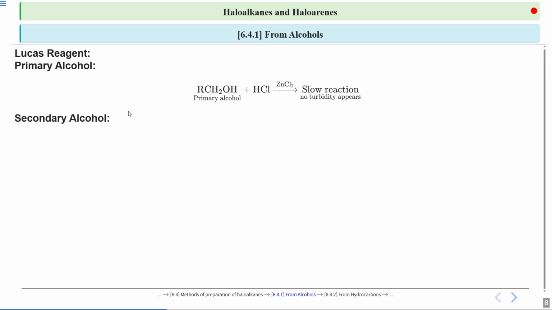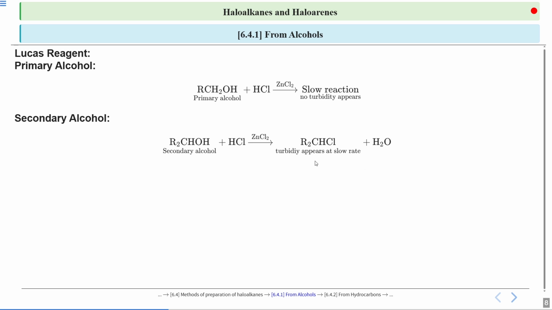Meanwhile, for the secondary alcohol, R2CHOH, reacting with Lucas reagent, that is HCl and zinc chloride together, it forms R2CHCl plus water as a byproduct.